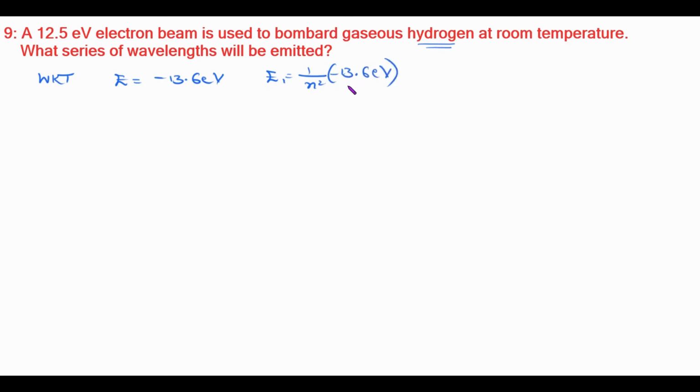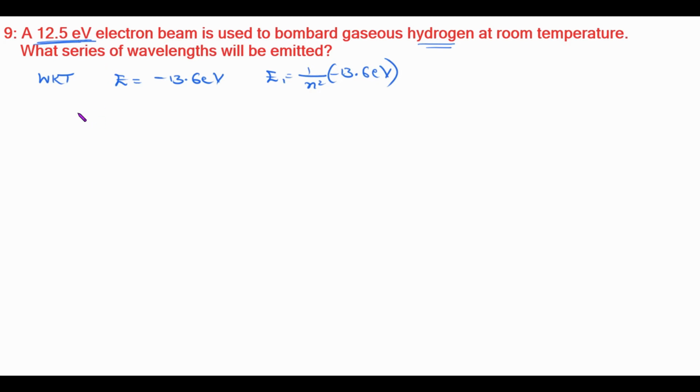So in the ground state, n is equal to 1. This E1, the energy in the ground state, is minus 13.6 electron volt. Along with this, they are bombarding these electrons. The energy of the electrons is 12.5 electron volt.